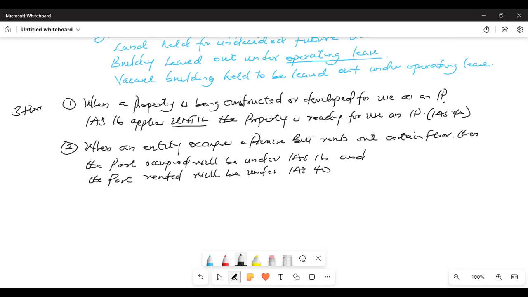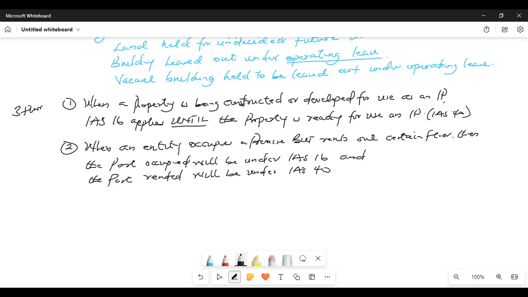Please take note, it's very important. If the parent rents part of its building to its subsidiary, then in the individual parent account, the rented building is an IP, but put together as a consolidated account, it is a PPE. So that is what you need to know.